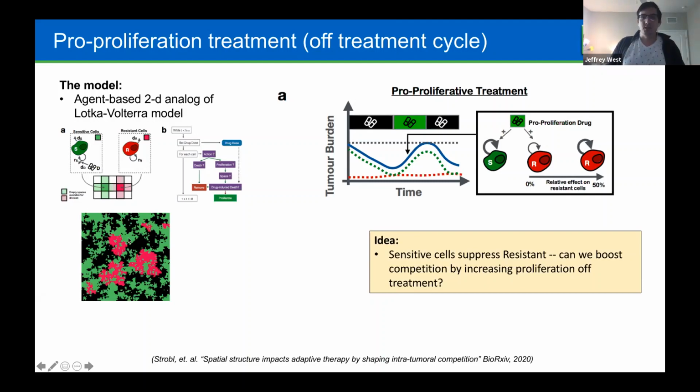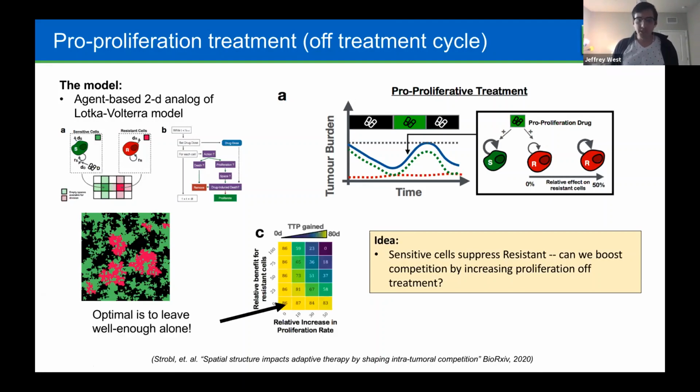So if sensitive cells are already outcompeting resistant, what if we just give a proliferative drug off treatment in order to increase that shell of competition? And this idea doesn't work as well as the previous idea, where the optimal is just to leave well enough alone and not give this pro-proliferation treatment between off treatment cycles.